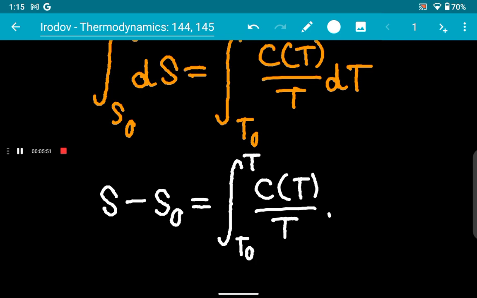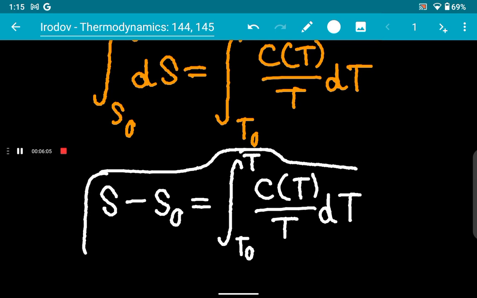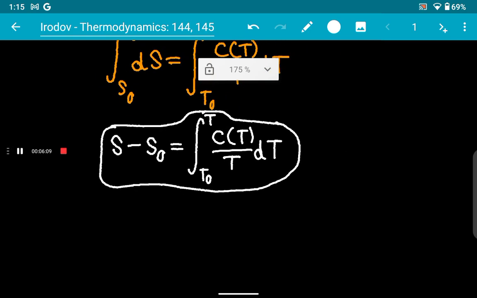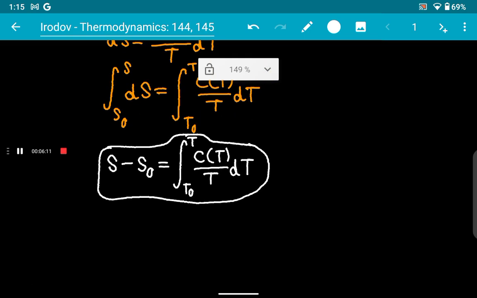I am just writing the theory, and this might be useful in any examination. So this is a very important formula for your thermodynamics.